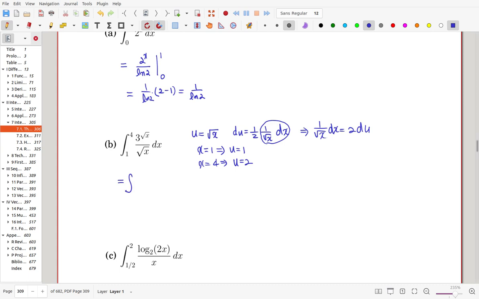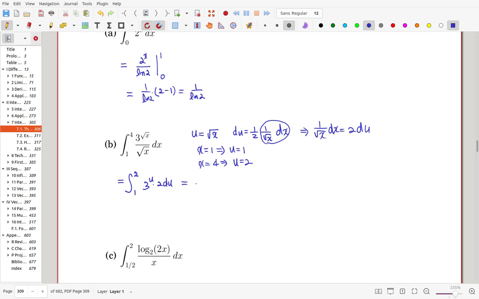So we are using this information to get the new integral. Now the integral must be done in u, not x. The lower bound of u is 1, upper bound is 2. And then 3 to the square root of x will change into 3 to the u, and the remainder part is the same as 2 du, right?